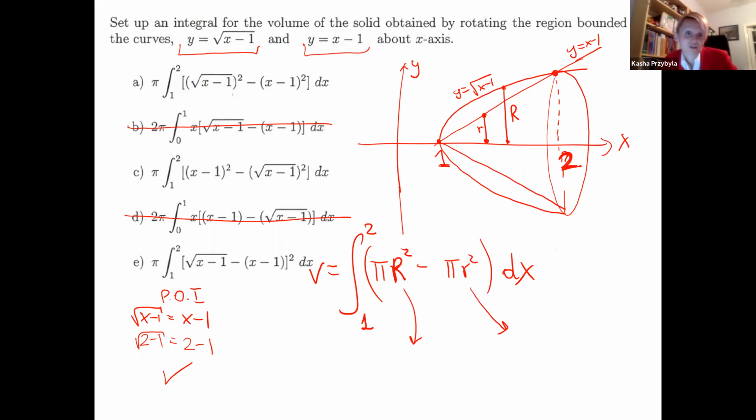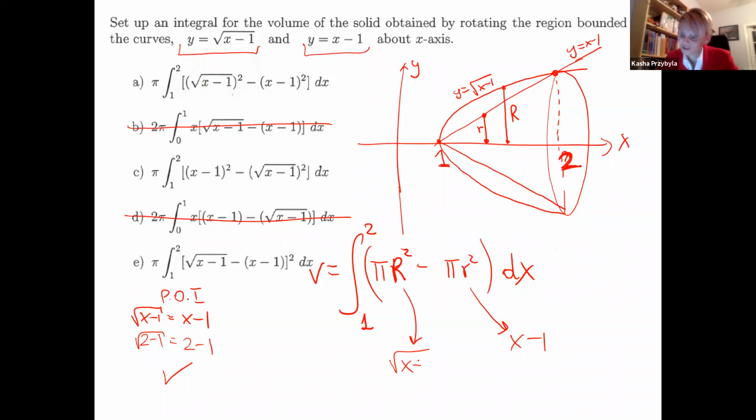Who can tell me what this one is? It's easy. We don't have additional lines. We're not shifting 1 or 2 units up or down or left or right. The inner radius is touching the line. What is the inner radius? Of course, it's simply x minus 1. And what is the outer radius? It's touching the root function.